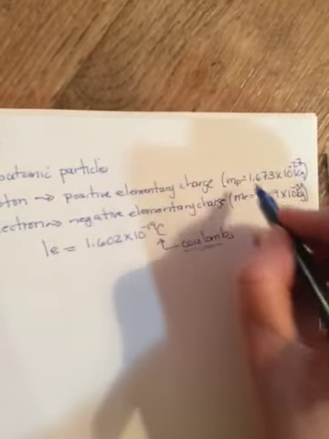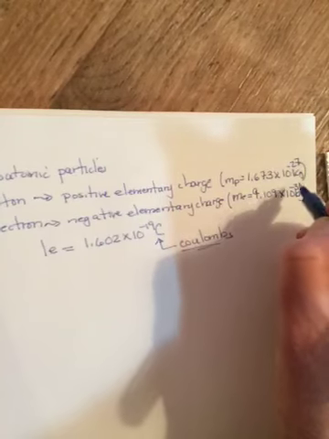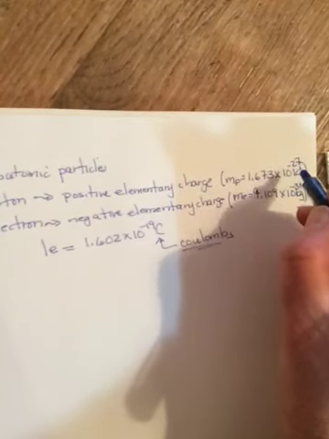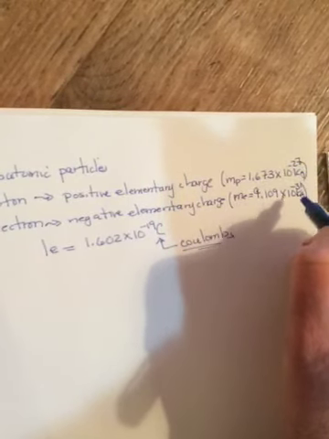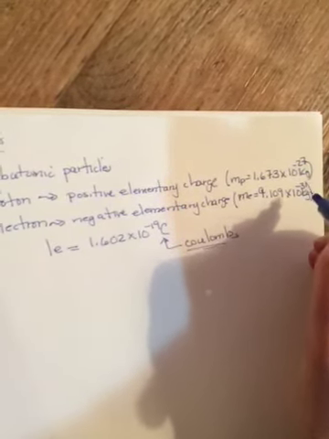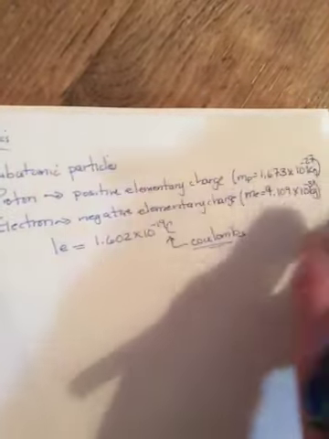We say the proton is massive compared to the electron because, look, negative 27 doesn't seem to be very massive, but it's almost 1,000 times bigger than an electron. And if I have something like a pin in my hand and I have something that's 1,000 times bigger, the thing that's 1,000 times bigger is going to be pretty massive.